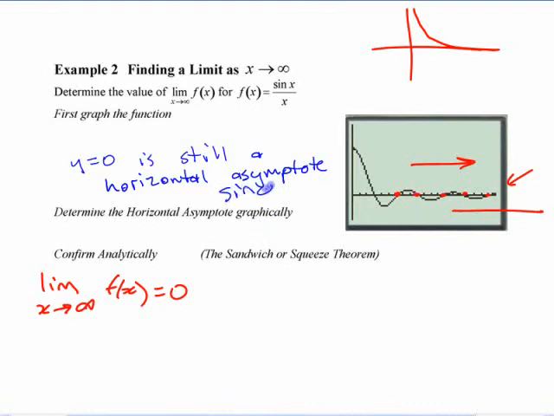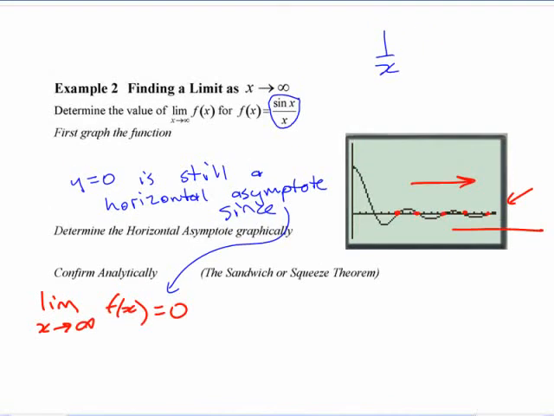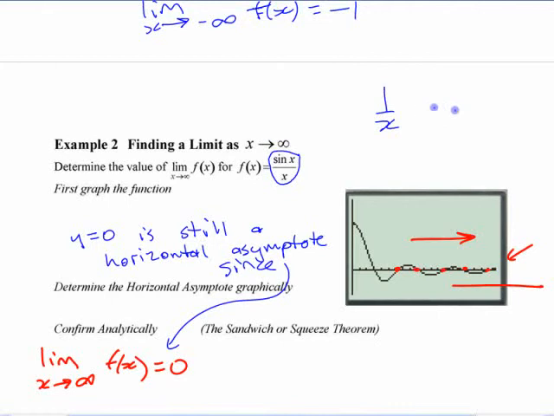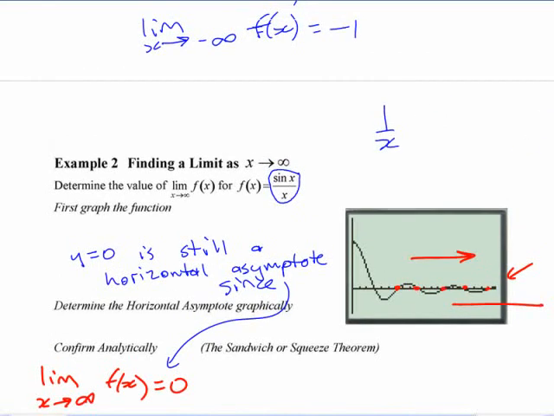Okay, since this is true, if we want to prove that this is true, it's hard to see what's happening with this. The previous function, the 1 over x that we looked at before, you can pretty quickly rationalize that it's going to have a limit of 0 as you make x bigger and bigger.